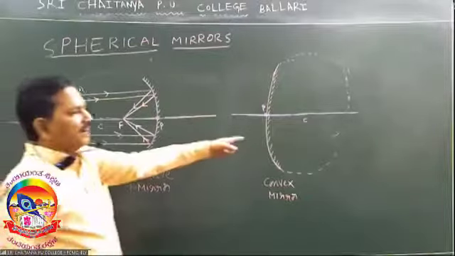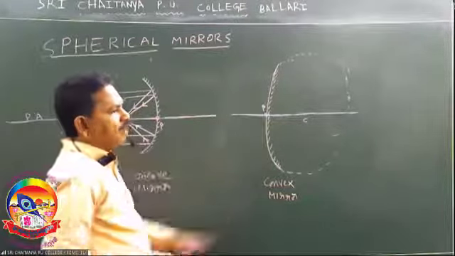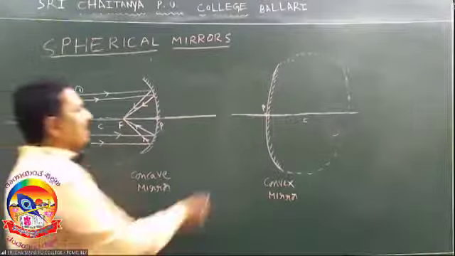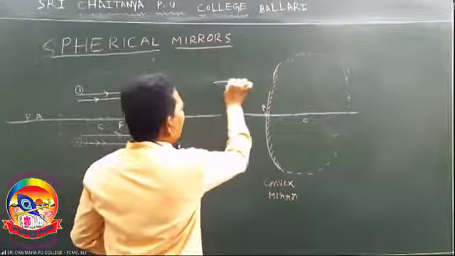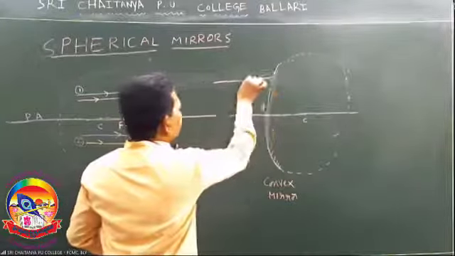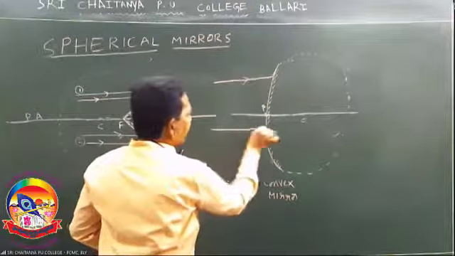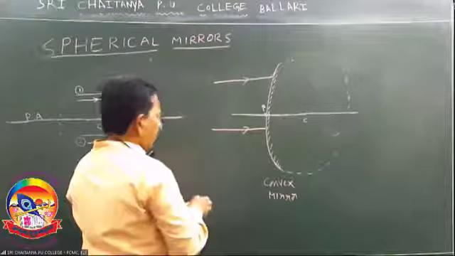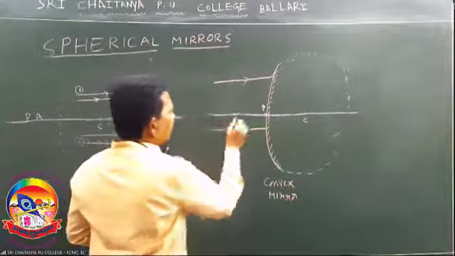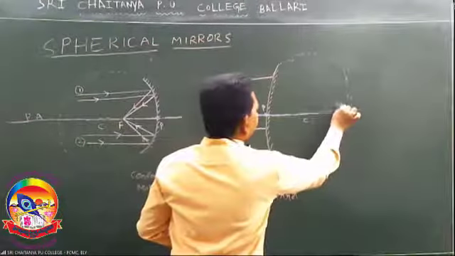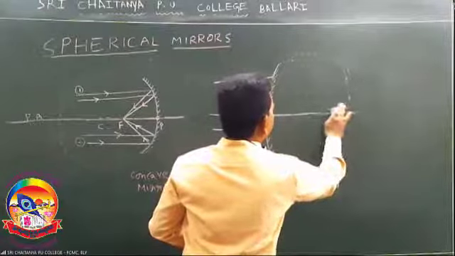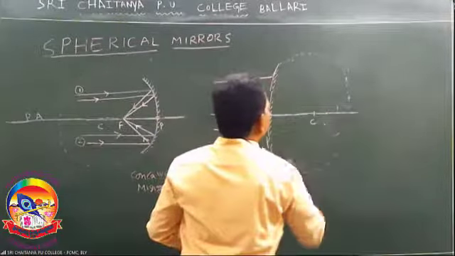Similarly, this was in case of concave; now convex. Consider one light ray parallel to the principal axis, another light ray parallel to the principal axis. This is the principal axis.